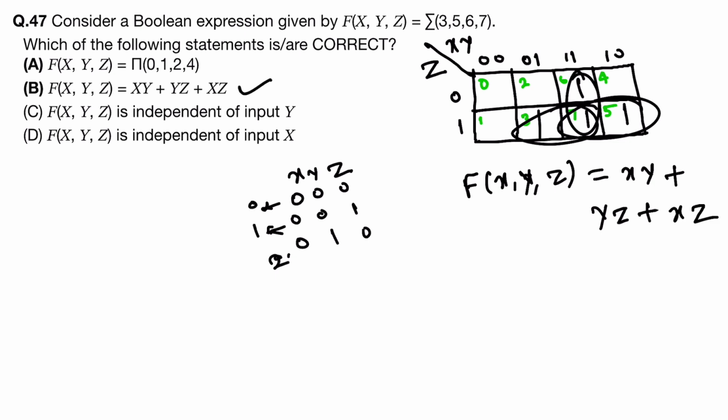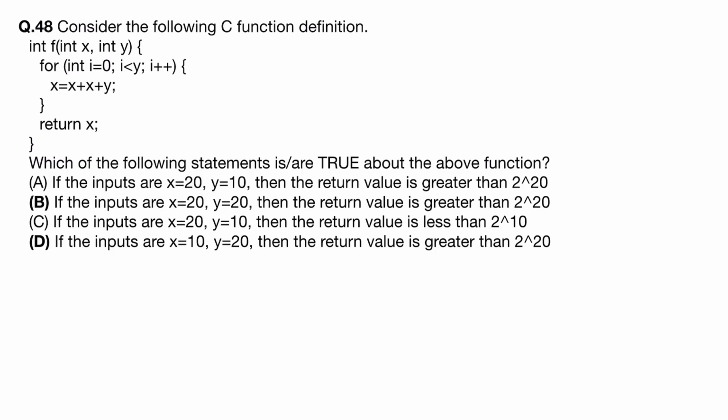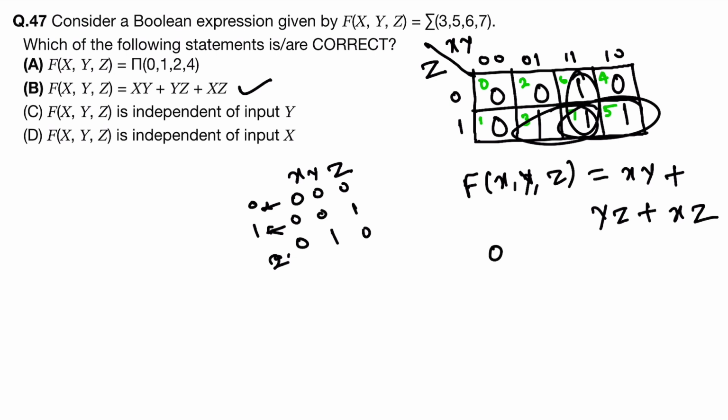So this is the correct option. And the other, this is sum of product. If we take POS form, then this will be 0, 0, 0, 0. So what is its value? 0, 1, 2, and 4.